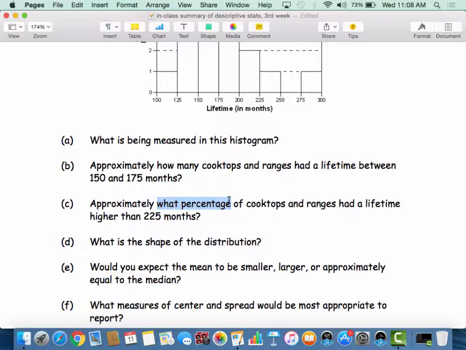And you got to be careful of that. Of cooktops and ranges had a lifetime higher than 225 months. Well, if we look at that, how many total had a lifetime higher than 225 months? 2.